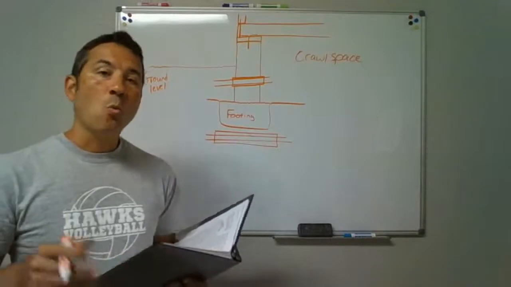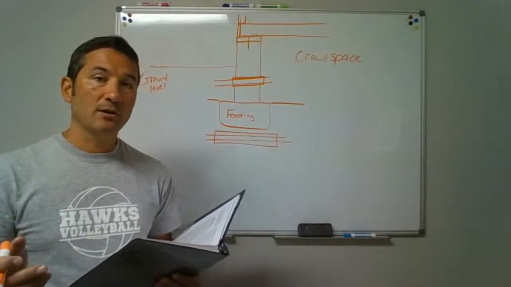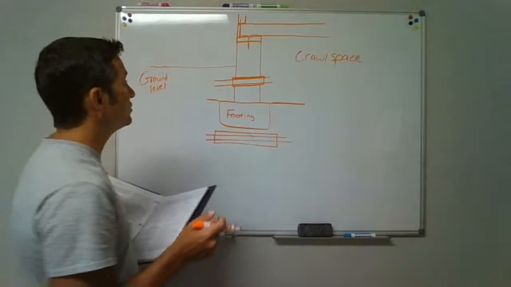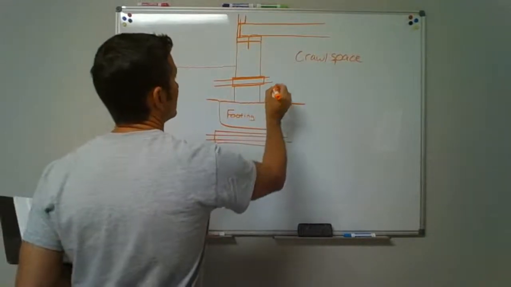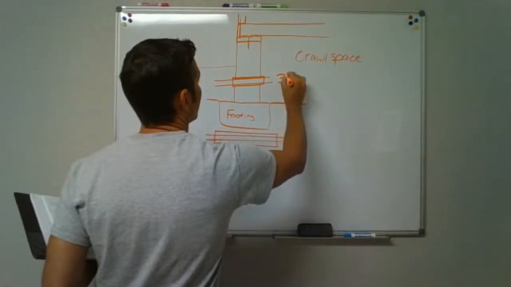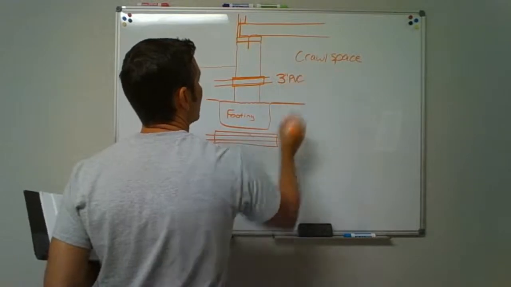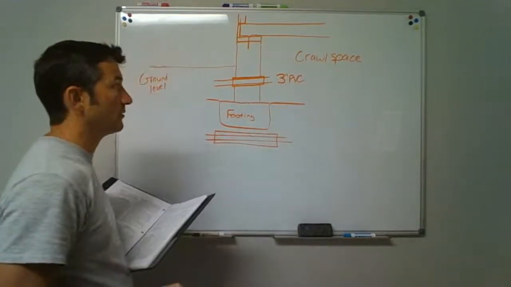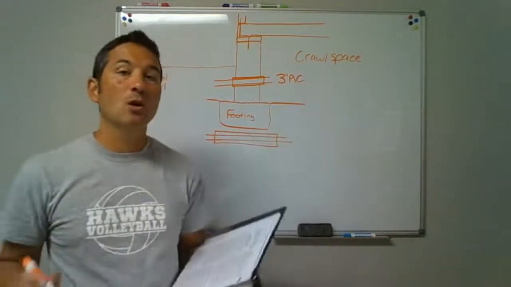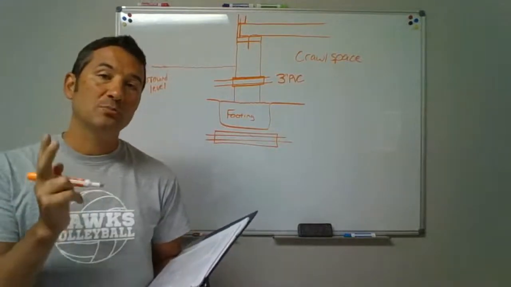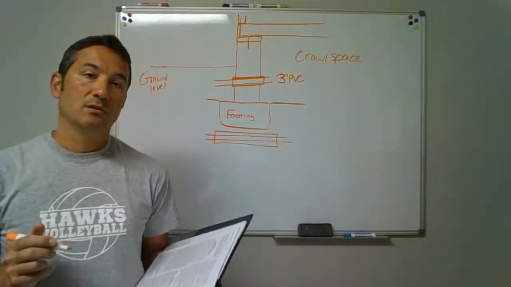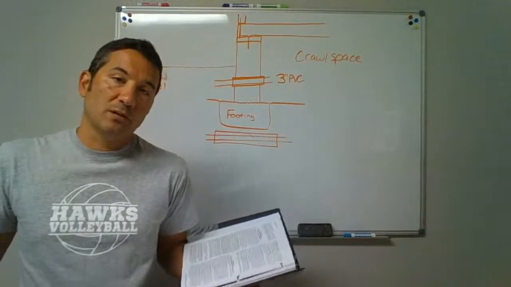Then it says what size sleeving is required. Okay, so let's just say this was a 3-inch PVC drain line going out of there. It says we need to go up 2 pipe sizes larger. You say, well, how am I supposed to know what the pipe sizes were?